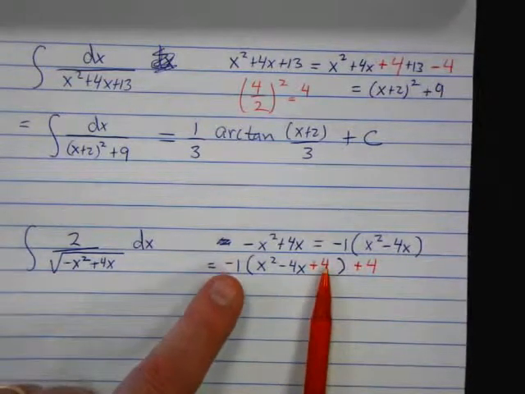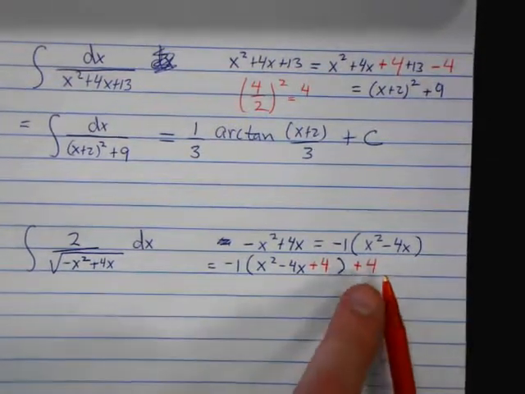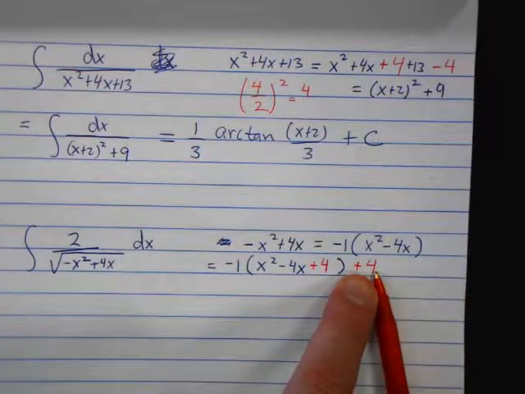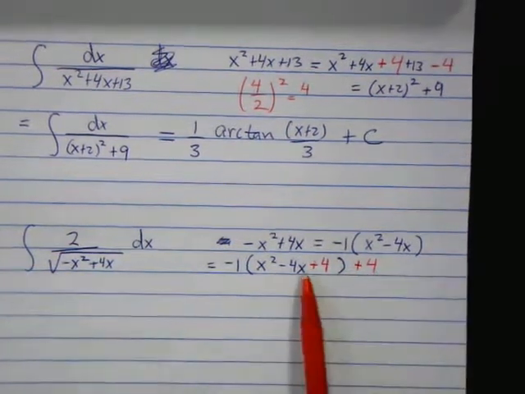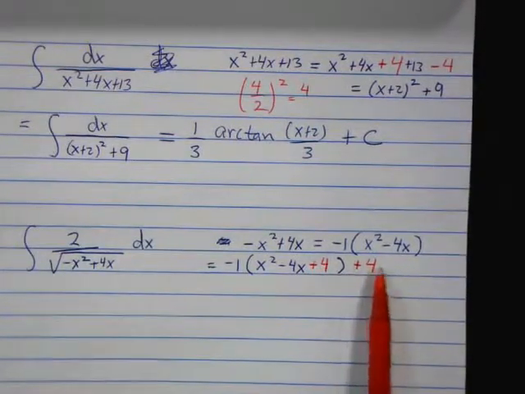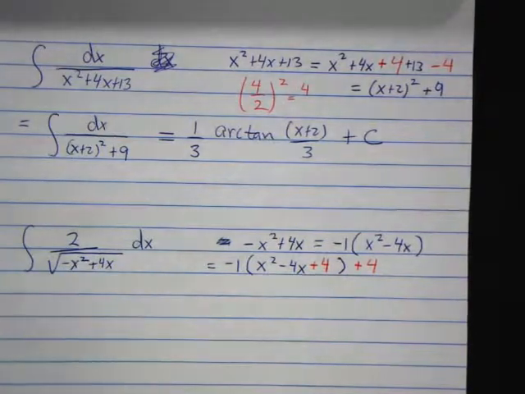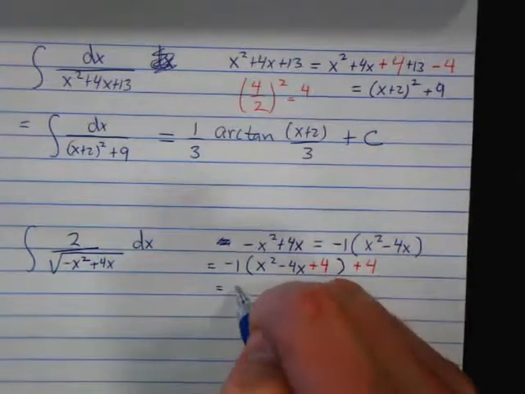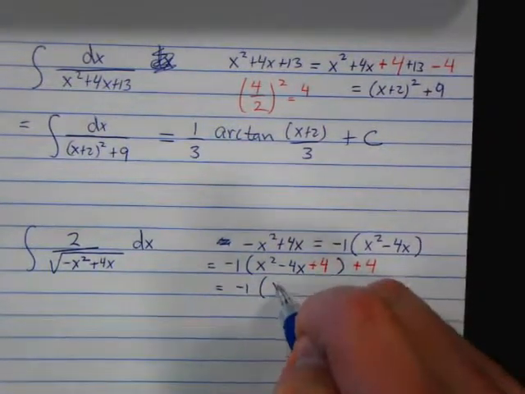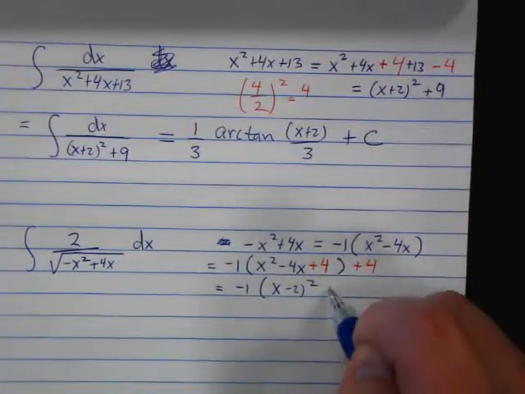So I have a -4 here, which means I need to balance it with a positive 4 there. So watch out for those. Those are tricky. It's easy to put a plus 4 here and then do a -4 there. But you can remember, get a minus outside here. Okay, so this factors as -1 times x minus 2 squared plus 4.